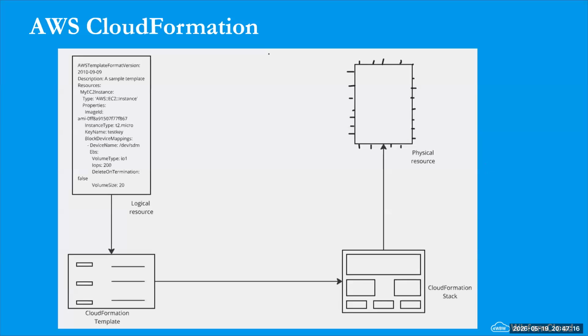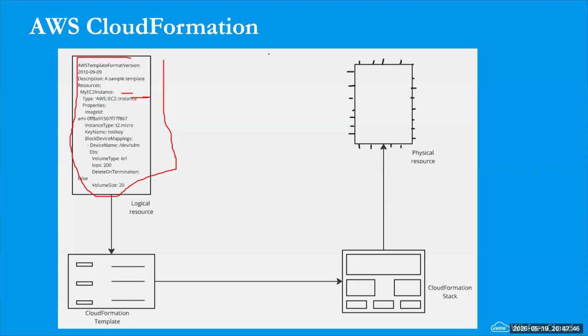So this is how it flows. I did show a sample example. So this is basically the workflow. You have a template, which is called a logical resource. In a sample template, you just write my EC2 instance. All of this is given already by AWS, this first type here. Then the properties, these are the things you are changing.